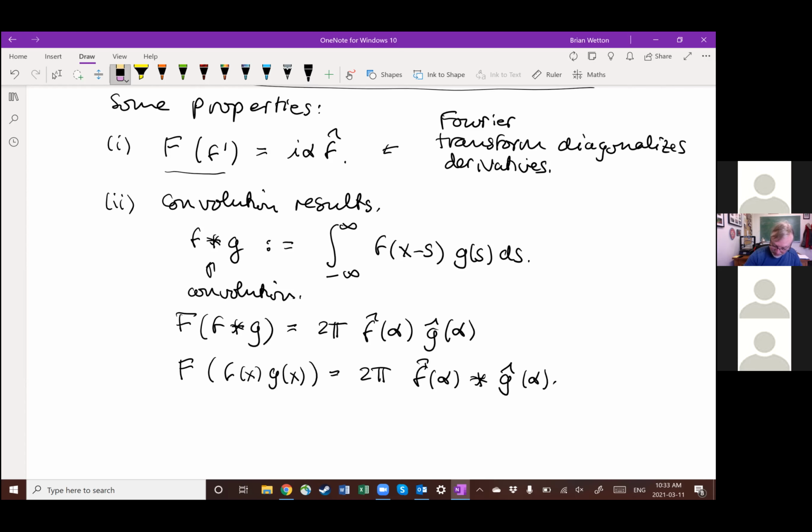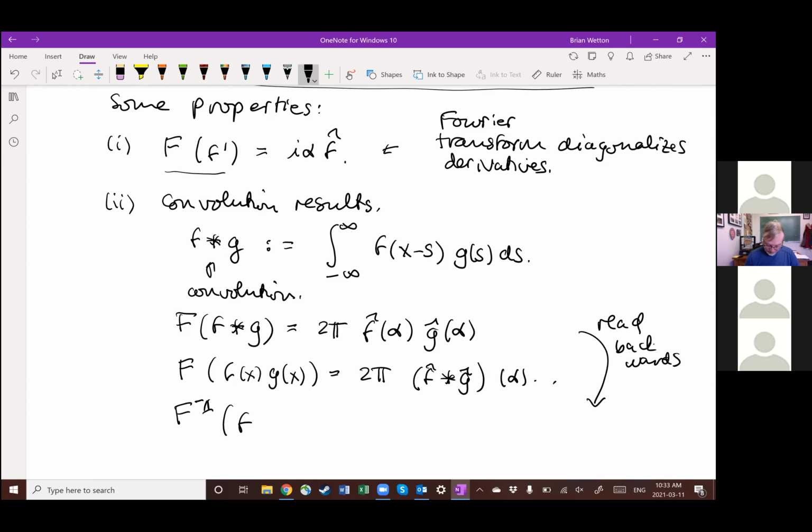I get 2 pi times the convolution. Okay, I should be more careful here. And I can read this backwards and say that if I take the inverse Fourier transform of f hat times g hat, I'll get 1 over 2 pi times the convolution of f and g.